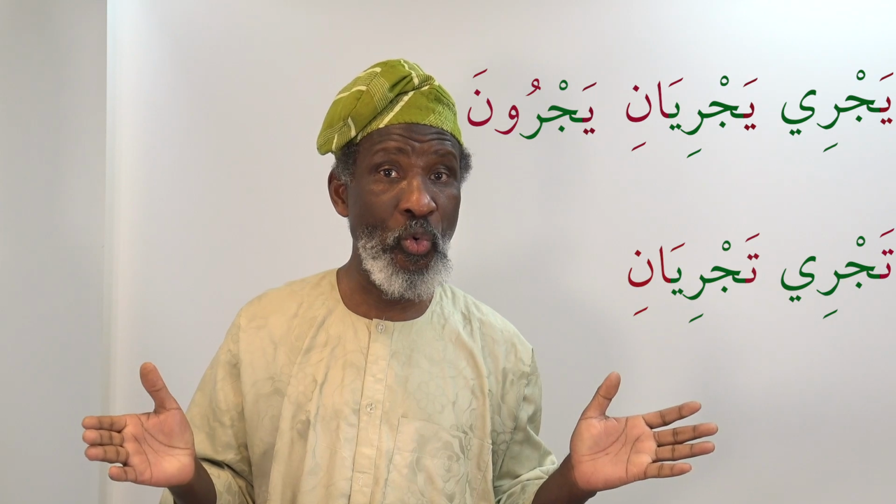Three men or more are running or run will be yajruna. The wow you are looking at there is waw al-jama'a, the plural wow. The original ya, which is the third root letter, is deleted here. Yajruna. We didn't say yajriyuna.